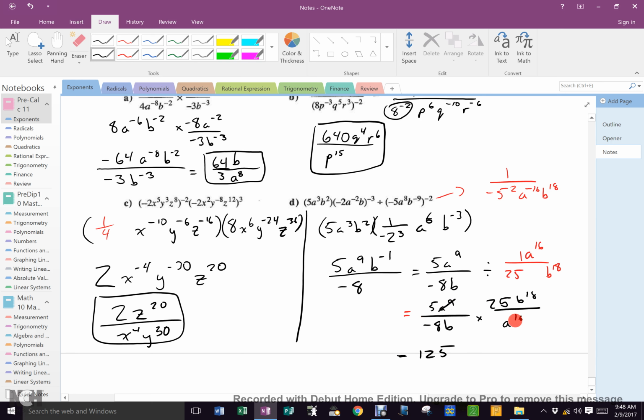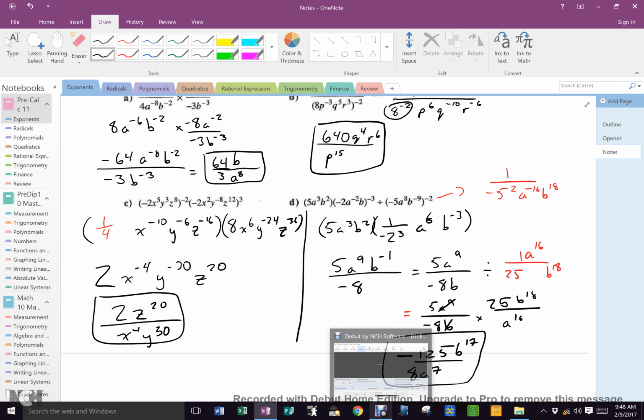They all disappear, and there's going to be 7 a's on the bottom. This whole answer is negative because of that. And I got an 8 down there, and that b cancels, and I'm left with 17 b's up there. Whew, what a mess. Okay, there we go.